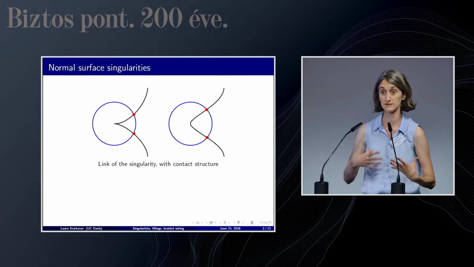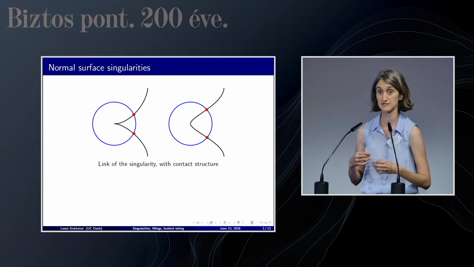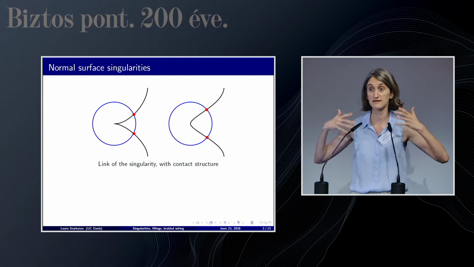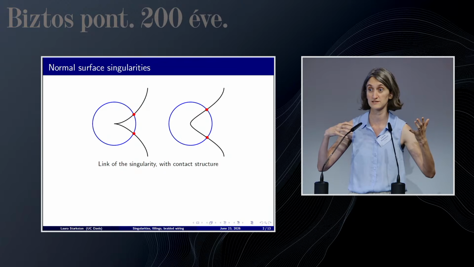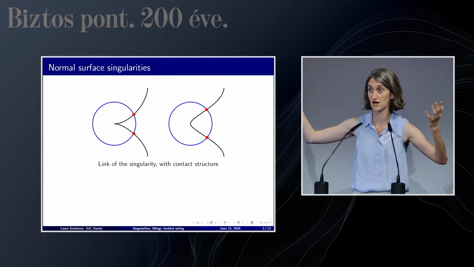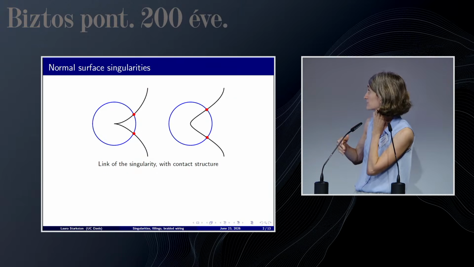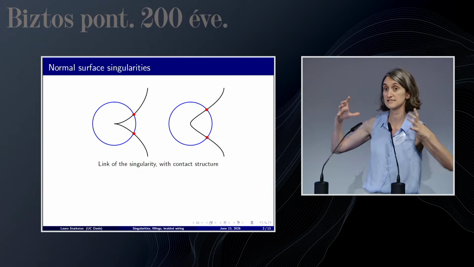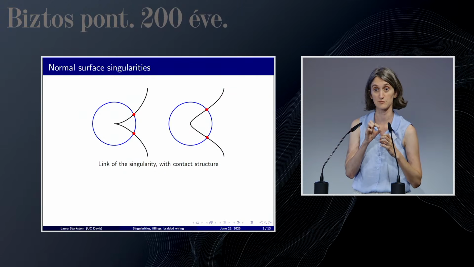The other important definition is the link of the singularity. So when you have an algebraic thing, it's cut out by a bunch of polynomials in some large dimensional Cn. In that large Cn, I'm going to take a small ball whose center is at the singular point.